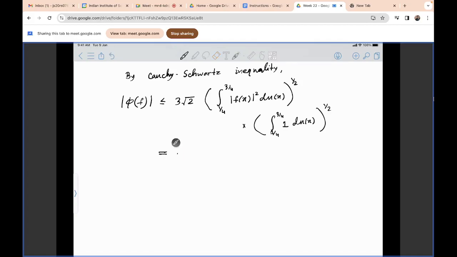So 3 root 2 times this will be 3. And the first integral I am dominating by the integral from 0 to 1, because this is bigger, d mu(x).